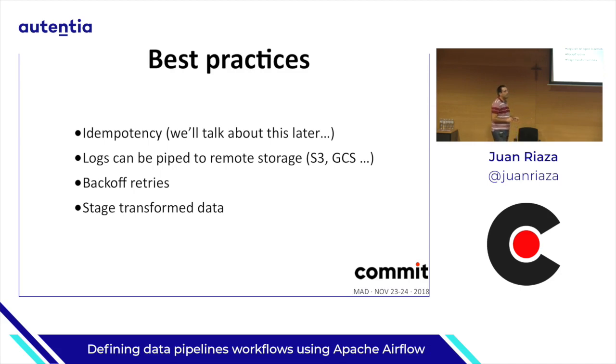So if we stage transform data, that means imagine that between each task we store the data at an S3 bucket. So if we retry any task, we don't lose any information at all. So yeah, it's perhaps a waste of resources in terms of storage, but I mean, we're more calm, relaxed, knowing that we could retry any task at any moment and the result is the same.